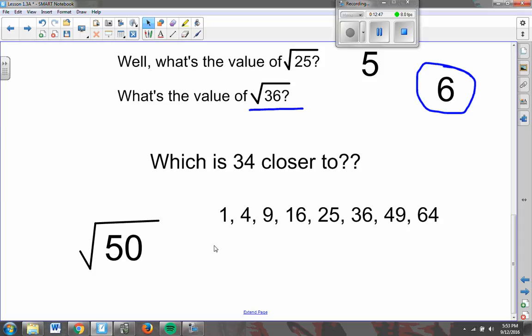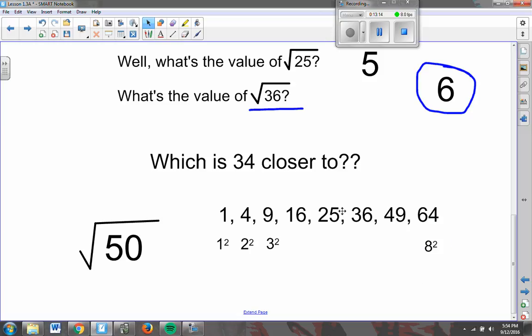The fact that this is 1 squared, and then 4 we got from doing 2 squared, and then 9 we got from doing 3 squared, and so on, all the way up to 64, which we did by doing 8 squared.